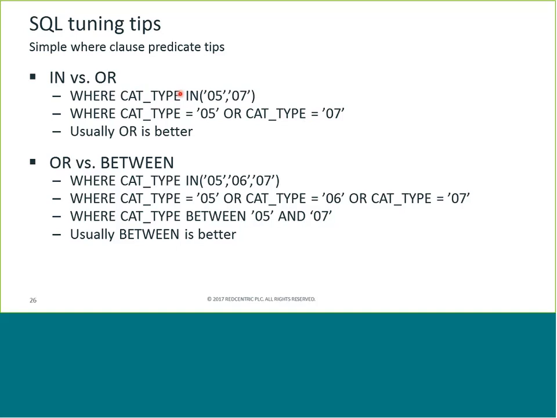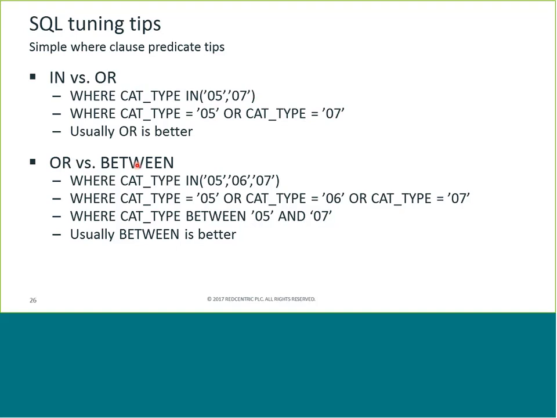So it's only resolved after Datacom has retrieved the rows from the data area, whereas the OR predicates are passed down to CBS. So usually OR is better than IN. There are cases still for using IN, particularly if you're doing a sub-select in the IN, that's fine, no problem with doing that. But where you've got the opportunity to change a simple IN like this to a couple of ORs like that, OR is better.